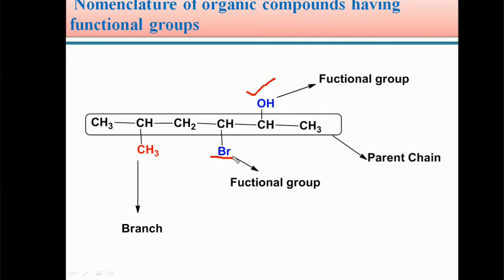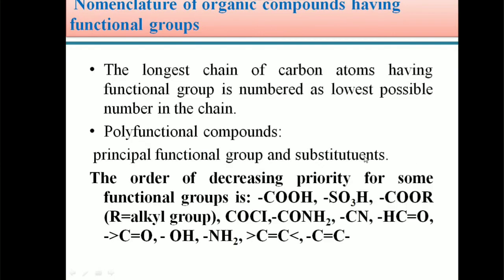Of these two, OH is the principal functional group and bromine becomes a substituent. This is the rule we discussed in this slide. So students, in assigning the IUPAC nomenclature for organic compounds having a functional group, generally we follow these two rules.